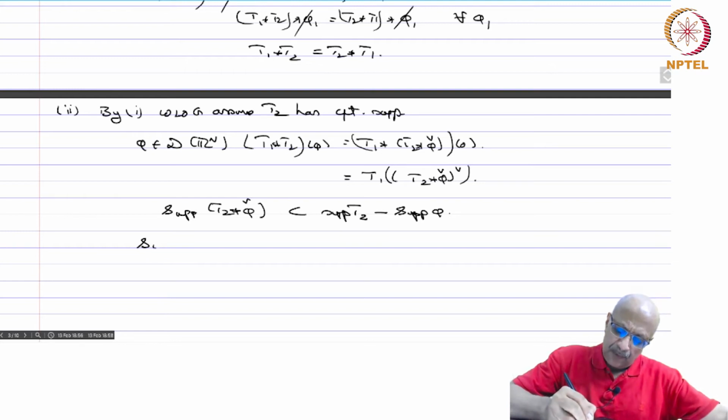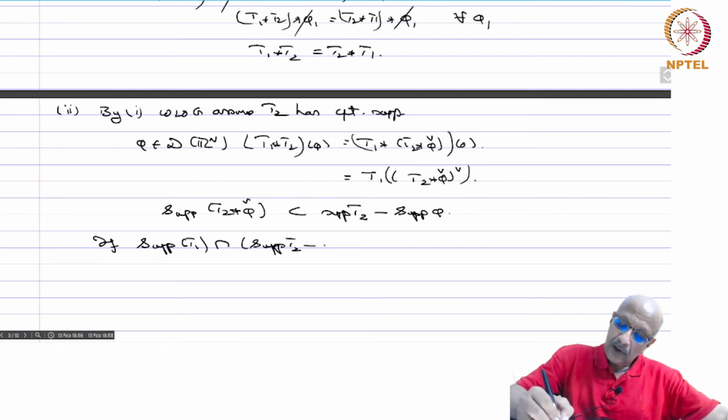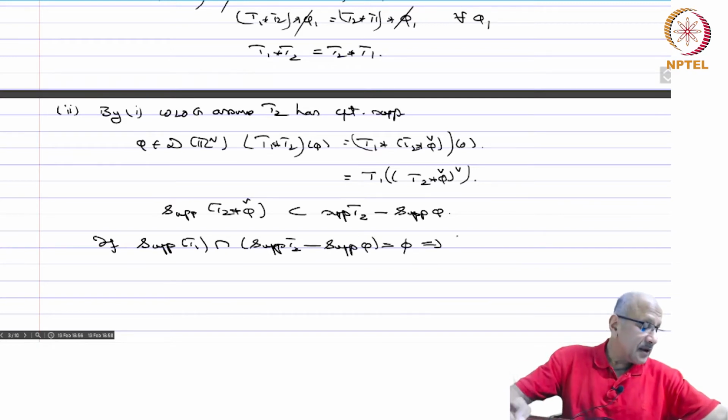So if the support of T1 intersection the support of T2 minus the support of phi is empty, then this will mean that T1 star T2 acting on phi will be equal to 0.